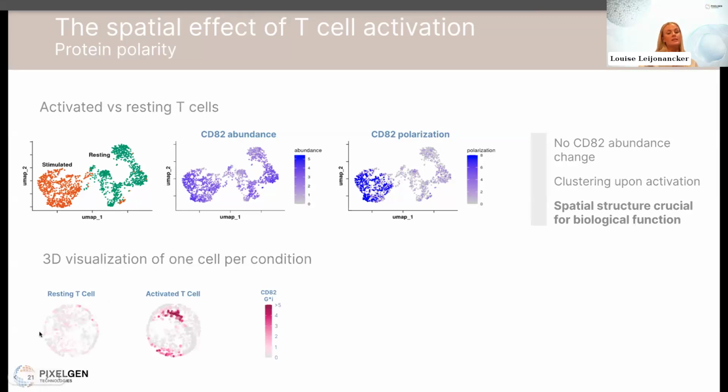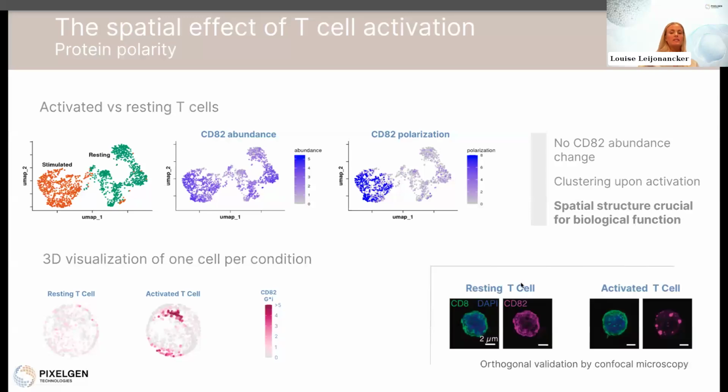So you have a resting T cell to the left, with the CD82 being colored here, and it's randomly dispersed. Whereas for the activated T cell, you can see how it's polarizing to several ends here. But of course, we want to validate everything that we do, so we use confocal microscopy for this purpose.